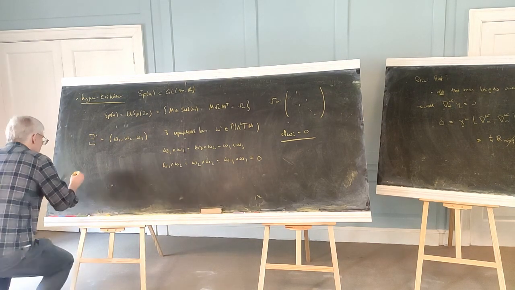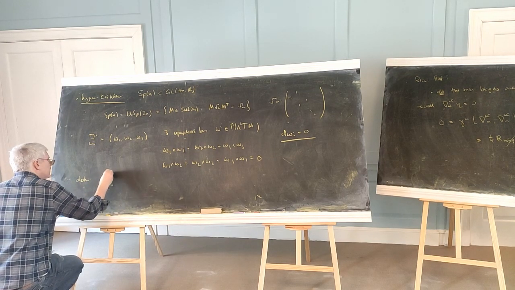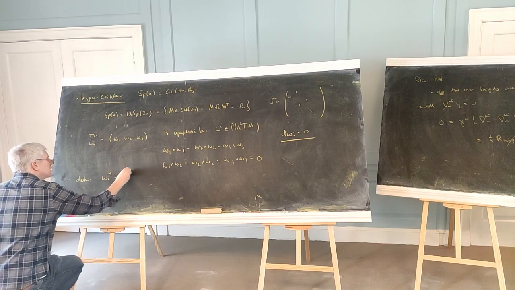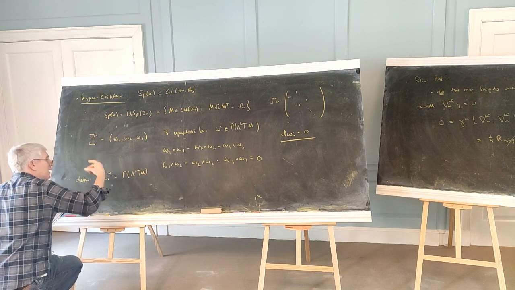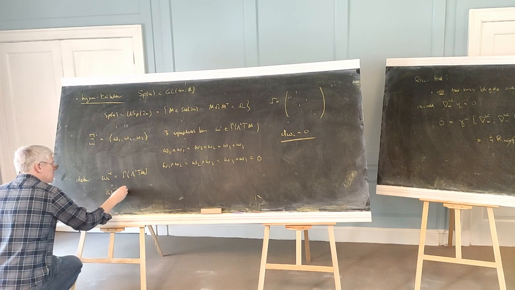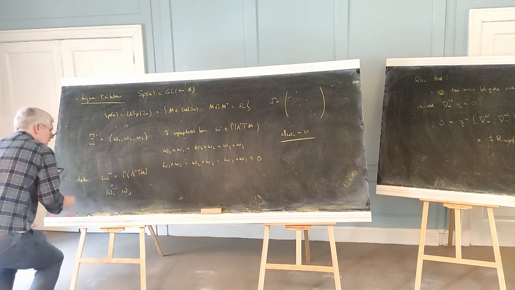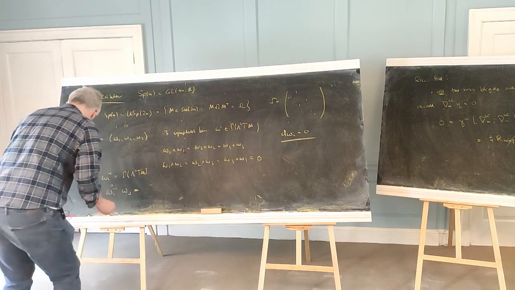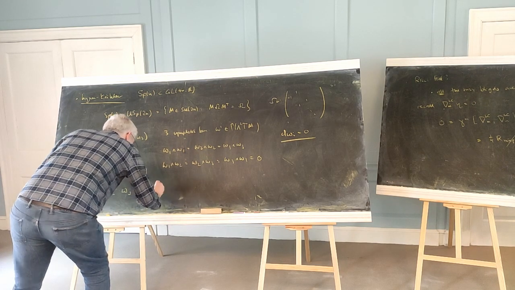You can define a set of inverse objects which live in wedge 2 of T. So they're bivectors, they're things upstairs. And if you contract them, you get delta ij times the identity.